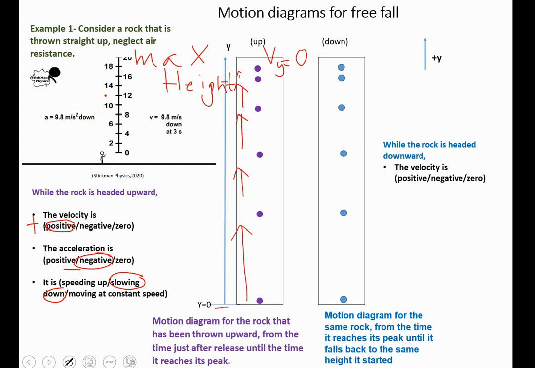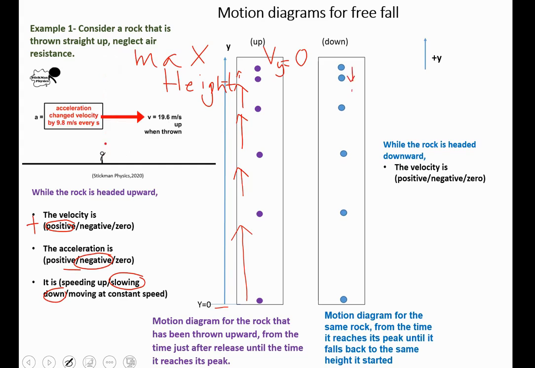So you can see the initial velocity is zero. You started at rest at the turning point, and then the velocity is going to increase while it's moving down. The magnitude of the velocity increases by the same amount.